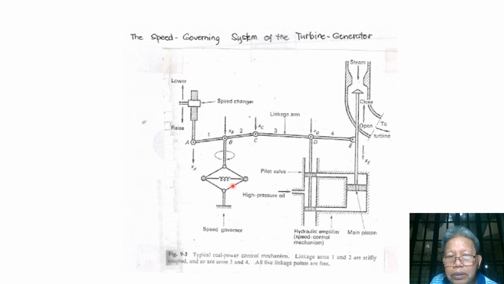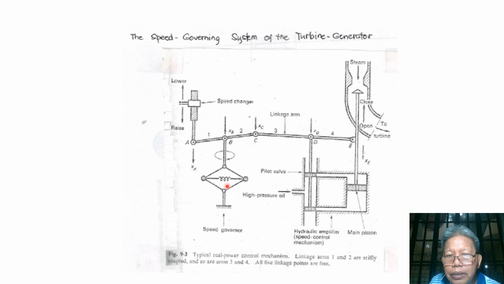What we have here are two balls connected by a spring, and we have these bars or linkages to hold the balls together. These are stiff connections to the balls.